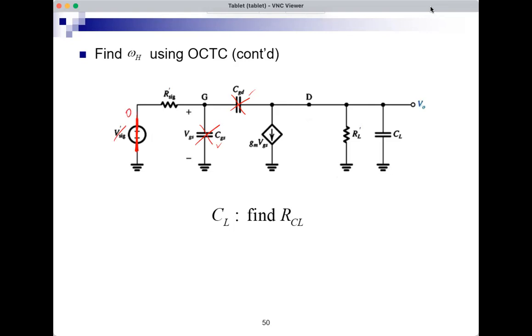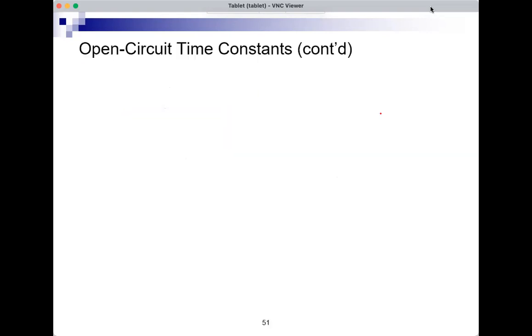This actually makes VGS equal to 0, and this becomes 0. And then if I have a test source here at CL, the only thing that it will see is R prime L. So that's the resistance seen by CL, R prime L. That's the resistance seen by CGS, R prime sig, and that's the RXY seen by CGD.